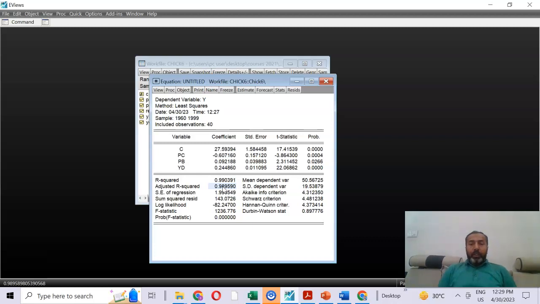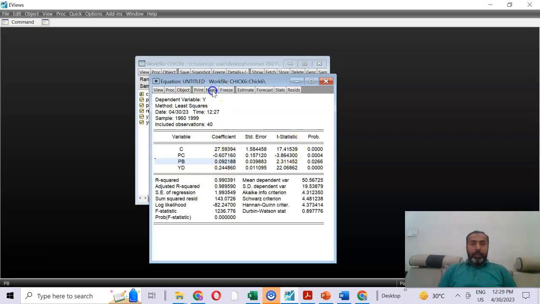Now if due to any reason we drop the variable price of beef, you know that it will result in the omitted variable case. Let's run the regression by dropping the price of beef, and then we can compare the results of this equation with the new equation, and we'll see how dropping a relevant variable creates biasness in the coefficients of the included variables.